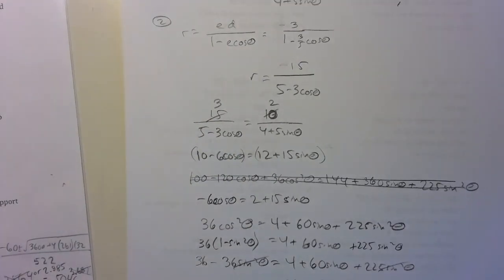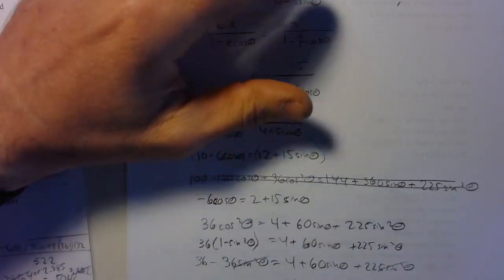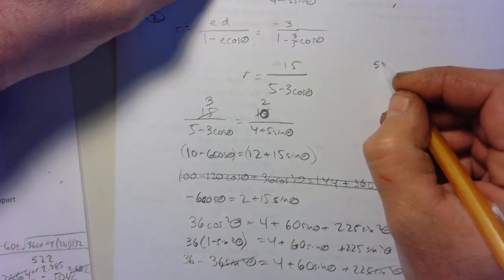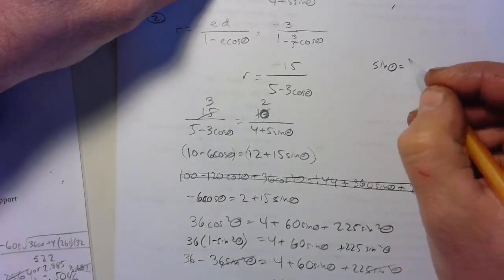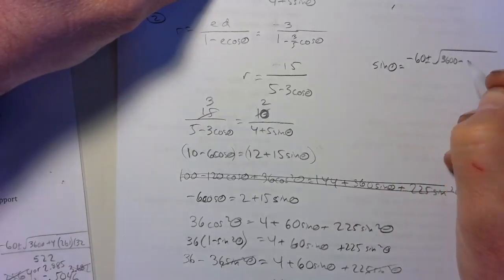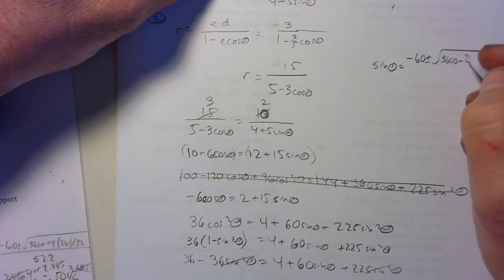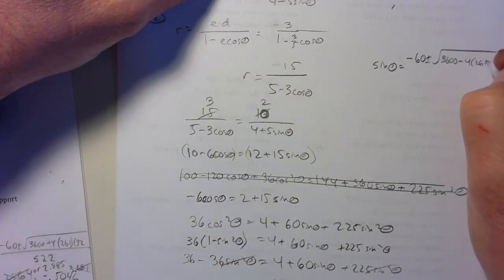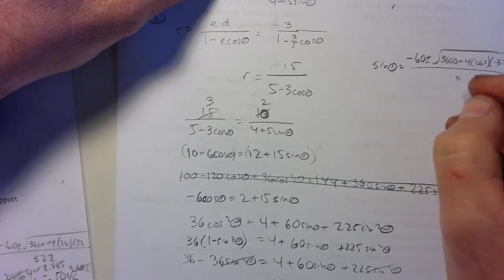At this point, it'd be great if I could reduce it. I don't think there's going to be anything to reduce it because this only has factors that are 2, and that one's not. So we're going to quadratic formula it. So the quadratic formula says sine theta equals negative 60 plus or minus the square root of b squared minus 4ac, all over 2a.